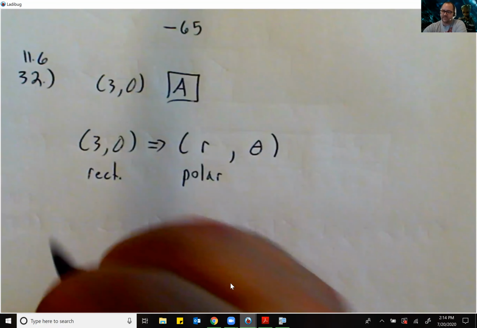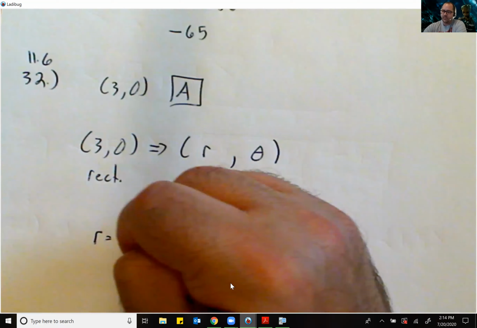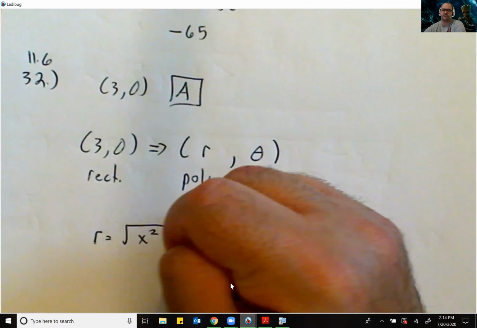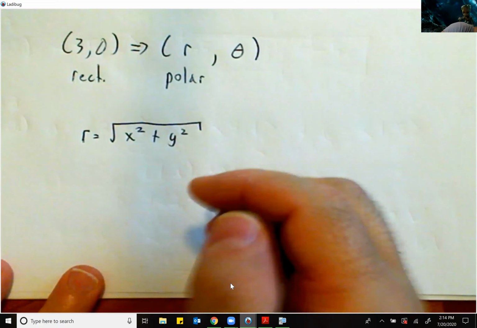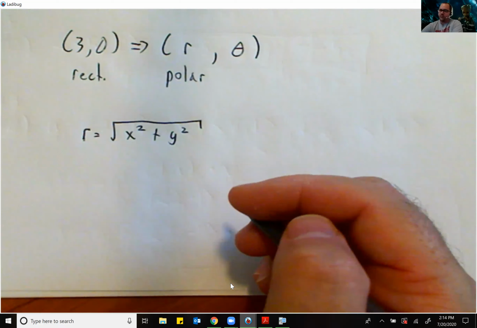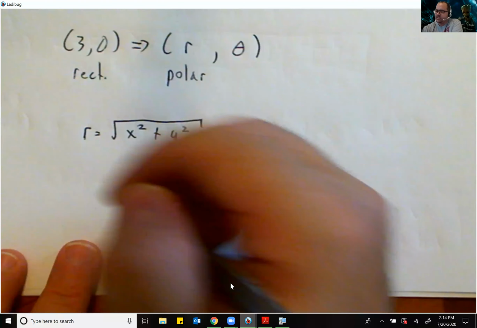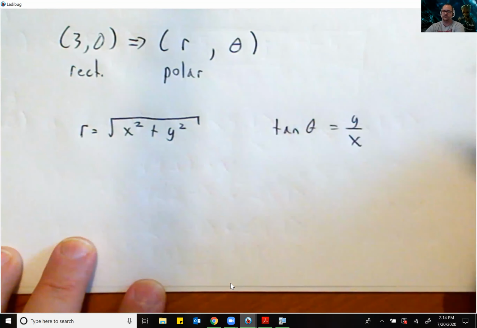To find the radius, you take the square root of x squared plus y squared. To find the angle, we know that tangent theta is equal to y over x. So we just plug and chug.